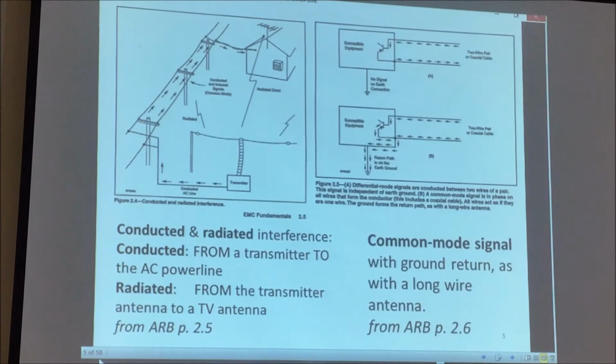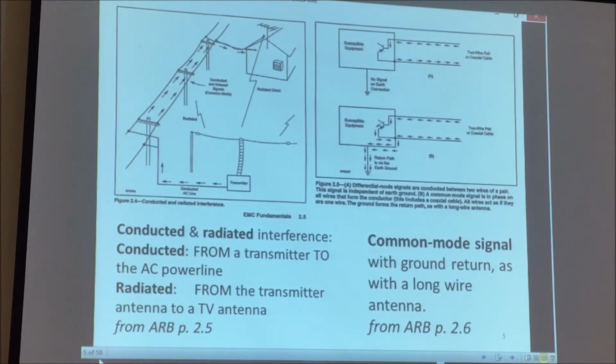In other words, basically a broadcast, which might be picked up by the TV antenna now, or maybe that's supposed to be a Yagi. Let's assume so if the book is current. But conducted RFI is conducted on the AC power line. Radiated RFI is transmitted through the air, and that's a fundamental distinction.